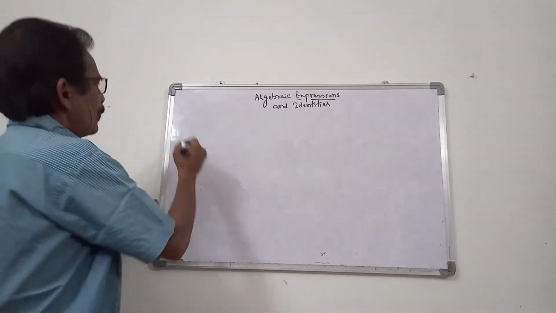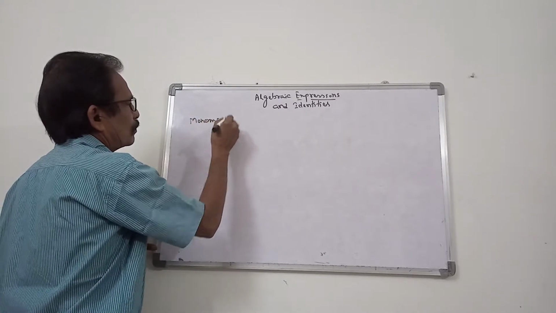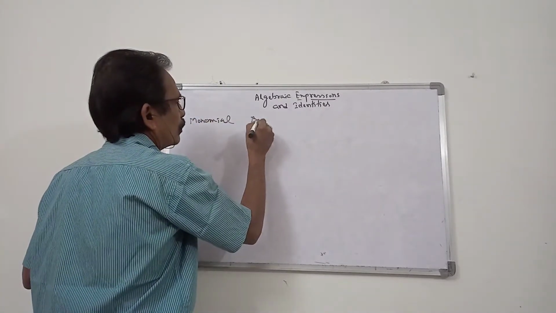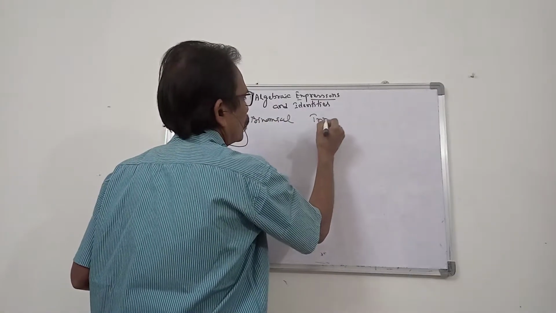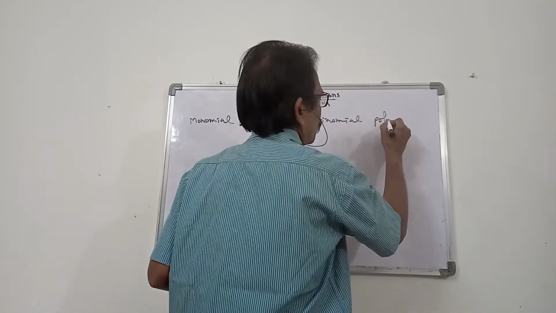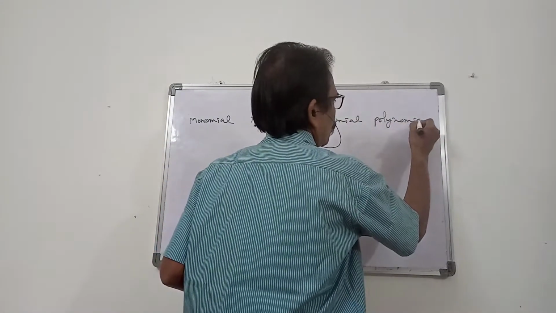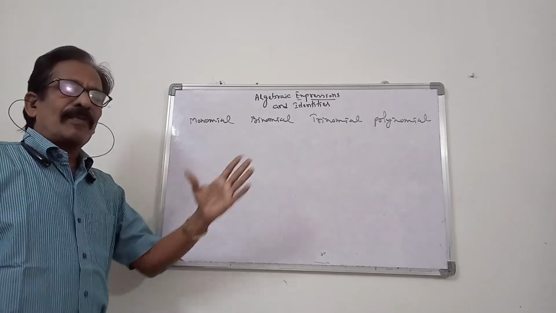Here the first one is monomial, then binomial, trinomial, polynomial. First of all we have to understand what a monomial is.